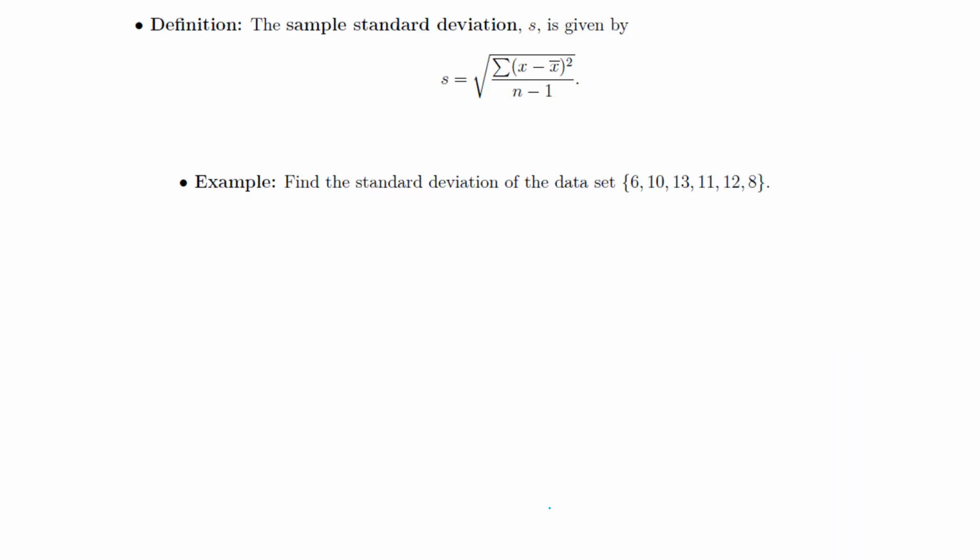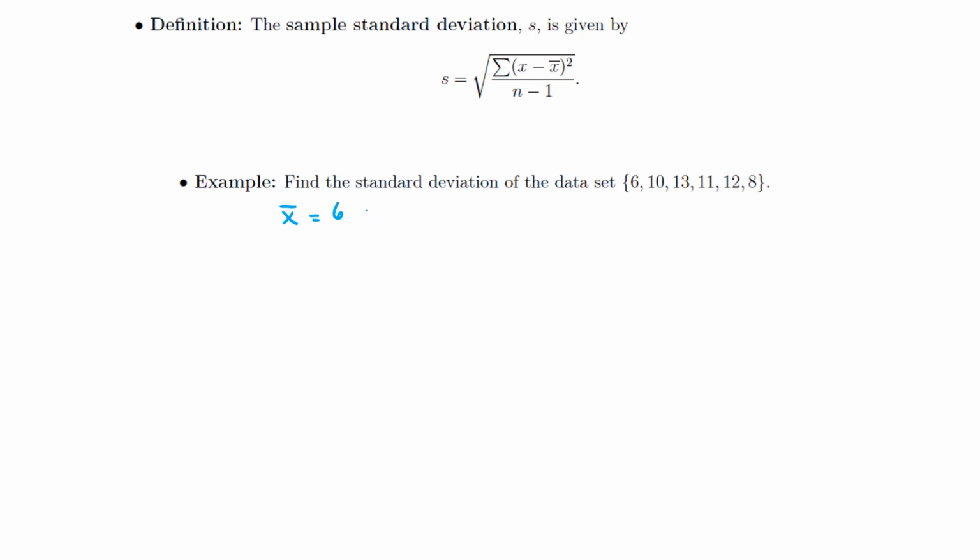So the best thing to do is just do an example with a small data set so we can see how this works. They want us to find the standard deviation of this data set here. And of course, in the formula, you see the sample mean, so we know we've got to start by computing that.